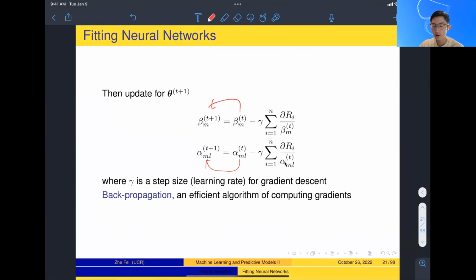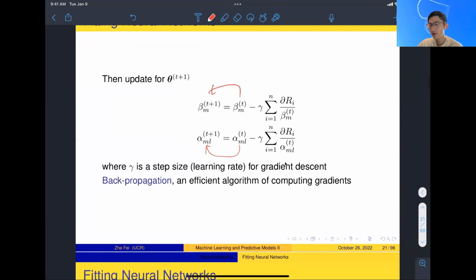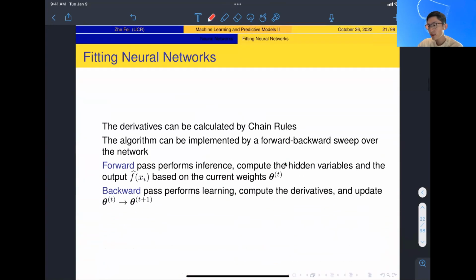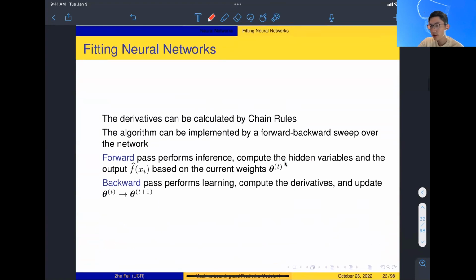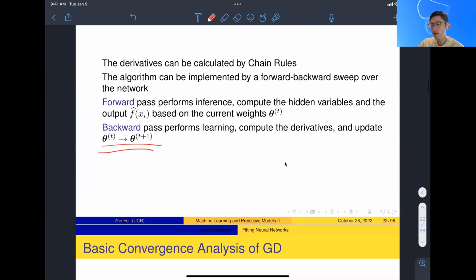People have developed a lot of different algorithms trying to speed up the computation. But the key here is that we want to iteratively solve the model parameters and hope your theta converges.